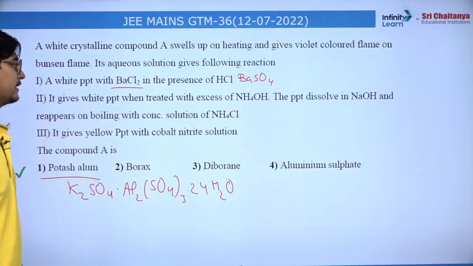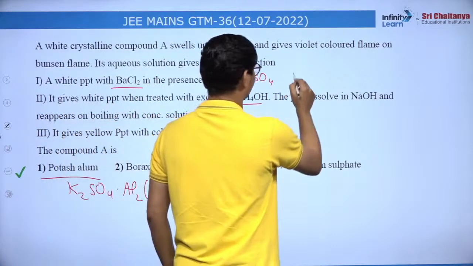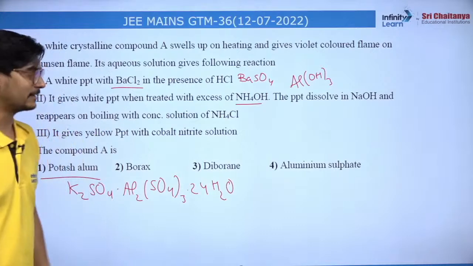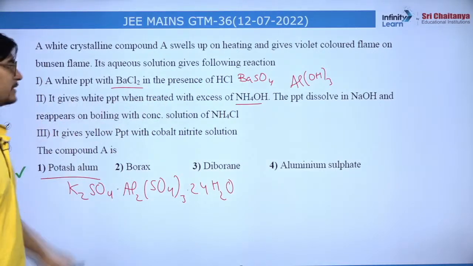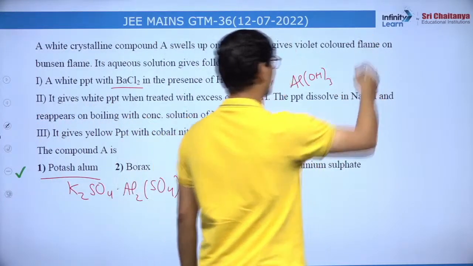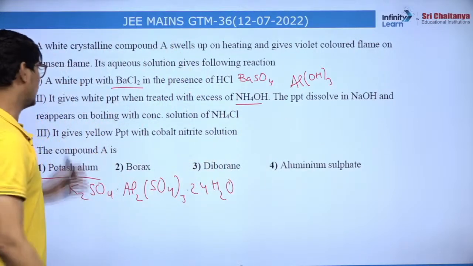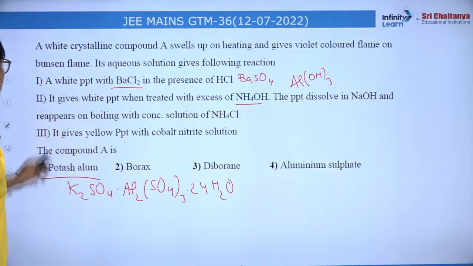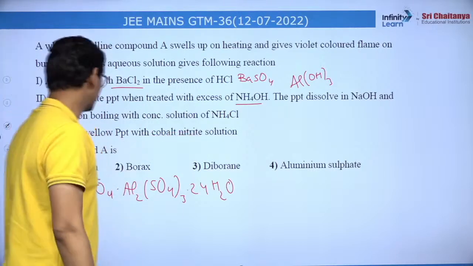A white precipitate when treated with excess of ammonium hydroxide, yes, aluminium gives Al(OH)3. If the precipitate dissolves in NaOH, of course, it will form Al(OH)4 minus and reappears on boiling with concentrated solution of NH4Cl, yes. So this is correct. It gives a yellow precipitate with cobaltinitrite solution, yes.